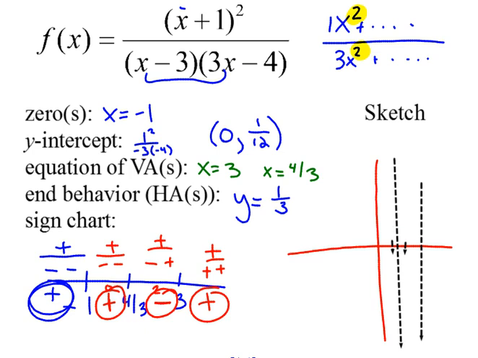And then let's get my horizontal asymptote as well. My horizontal asymptote is 1/3, so I'm just going to draw this and label it 1/3. So this is 1/3 for the y, 4/3 for the x, and 3 for the x.